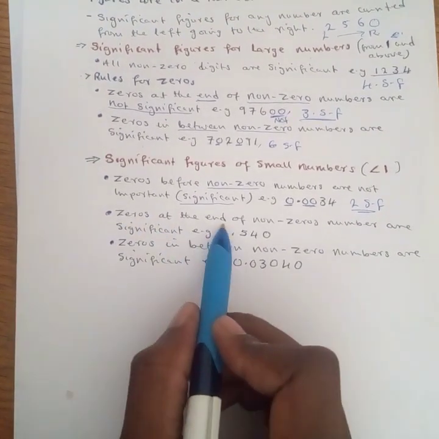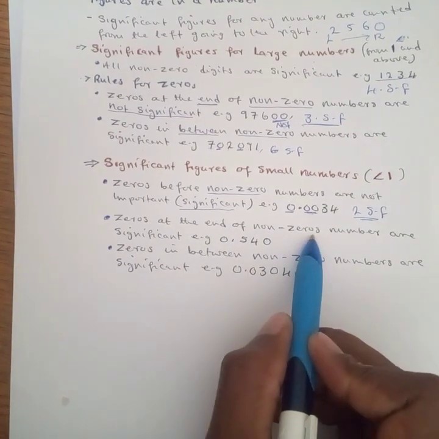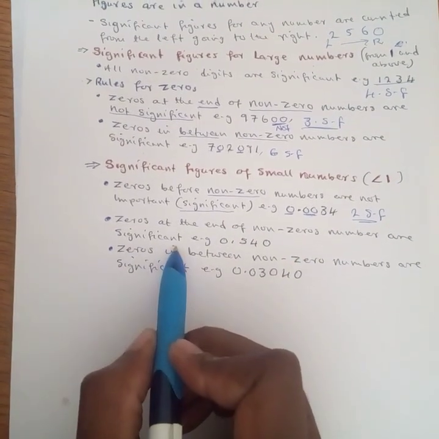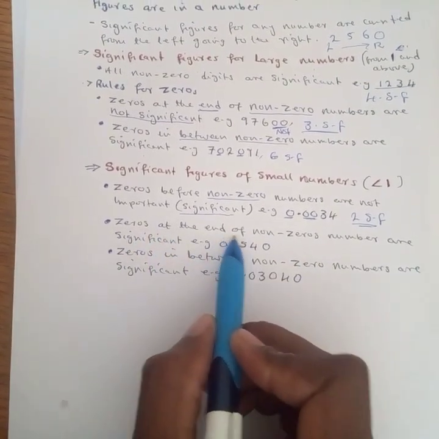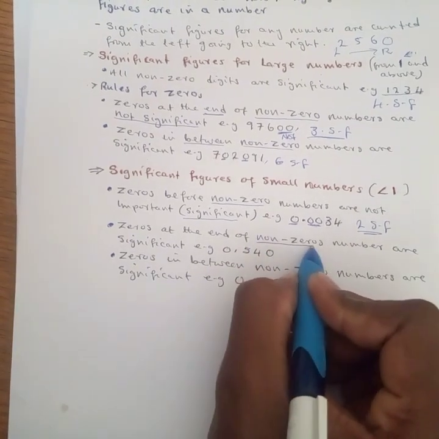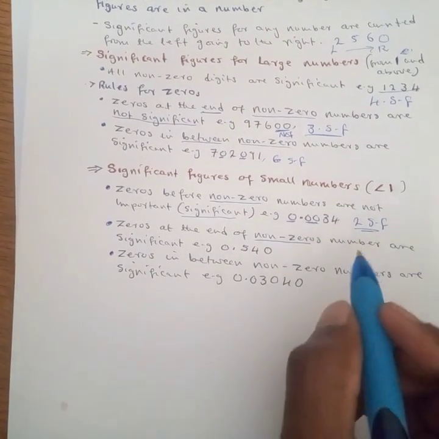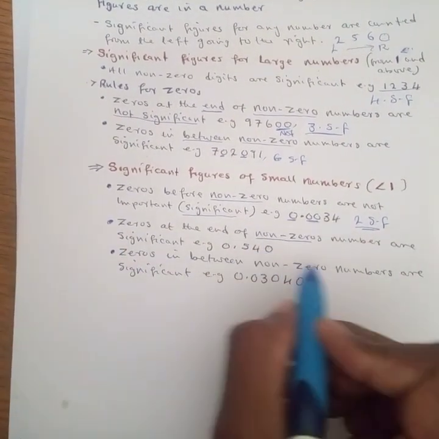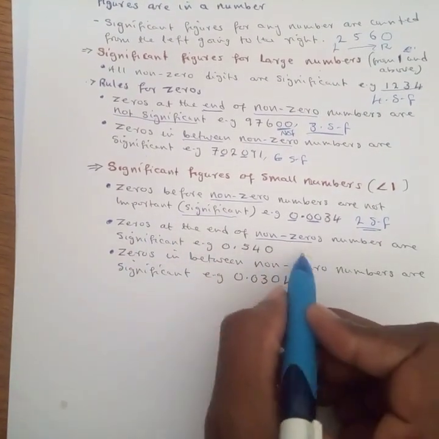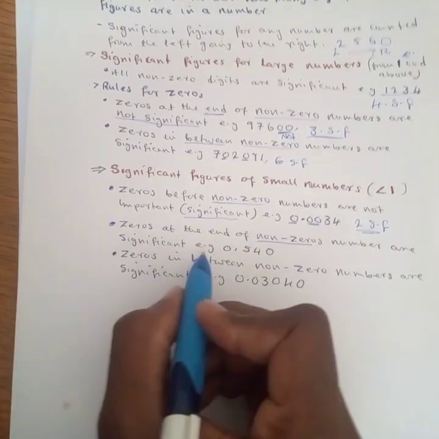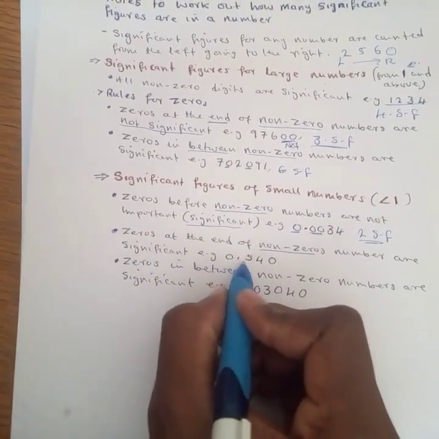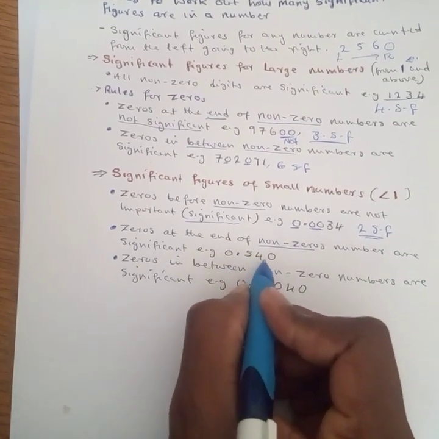Zeros at the end of non-zero numbers are significant. Example, 0.540.